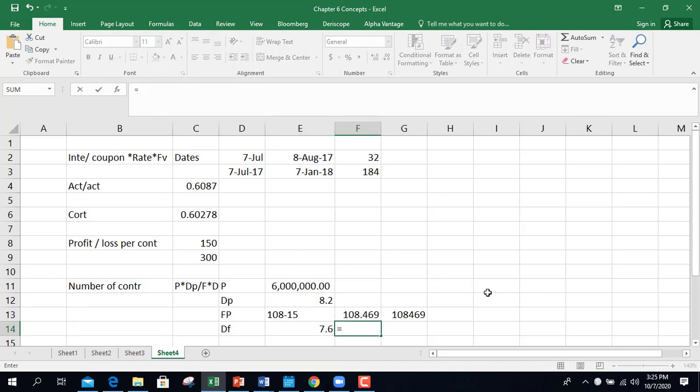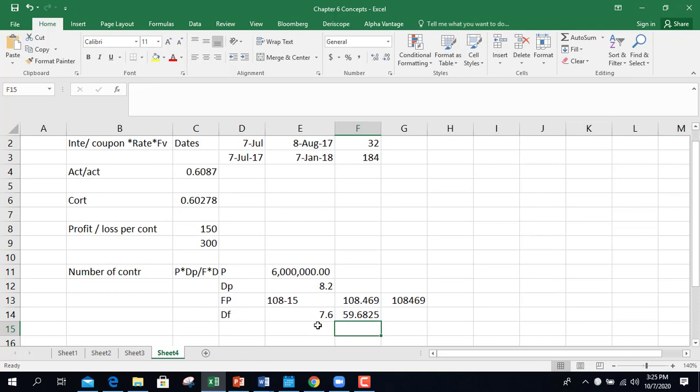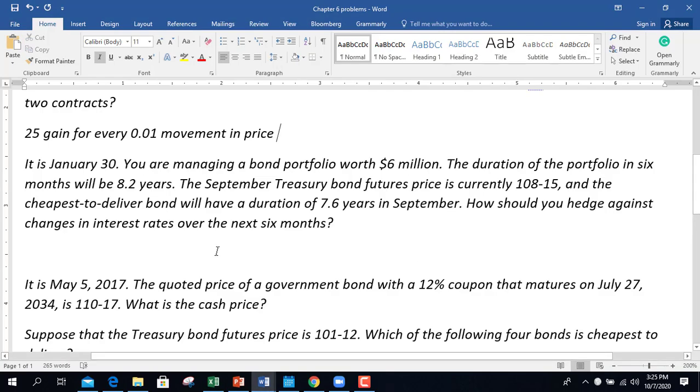So how do you do that? Open bracket 6 million into duration of portfolio 8.2, divided by contract size of future into duration of future. So how many contracts would you short? Around 59.6, that is 60 contracts you would short to cover your risk.